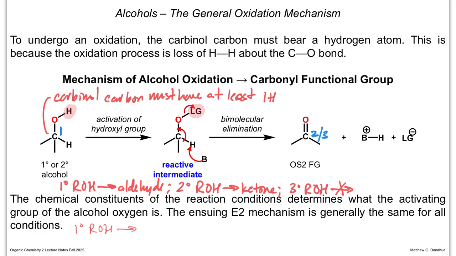It's going up to oxidation state 3. So it has to end up as a carboxylic acid. So through that logic alone, we kind of know how to do these functional group transformations. So over the next couple slides, we're going to look at the reagents that accomplish that.